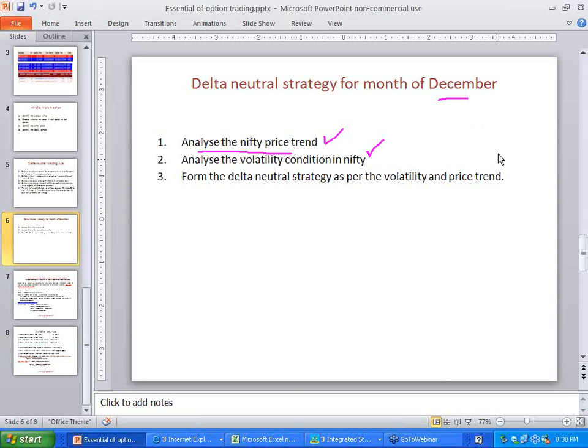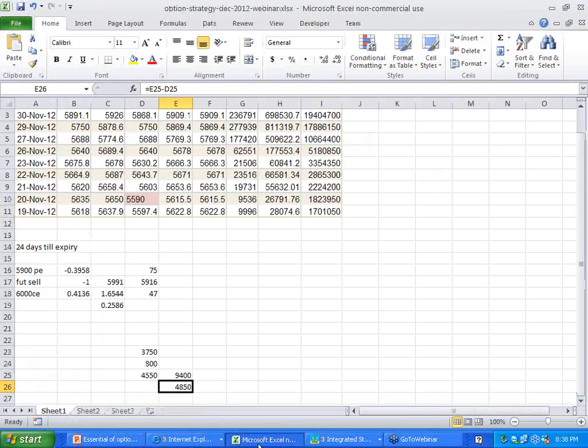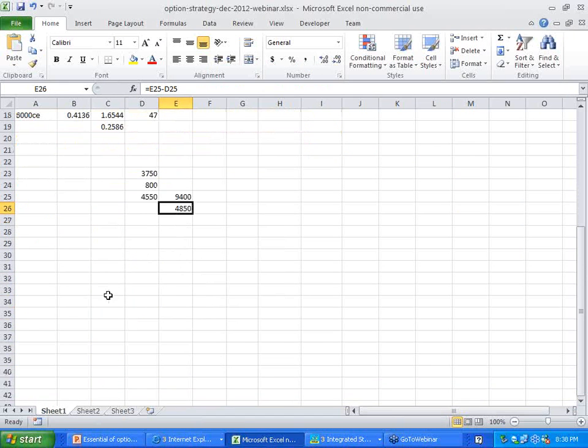So what are the things I have to do? First is the price trend. I will be taking the help of W.D. Gann's method.